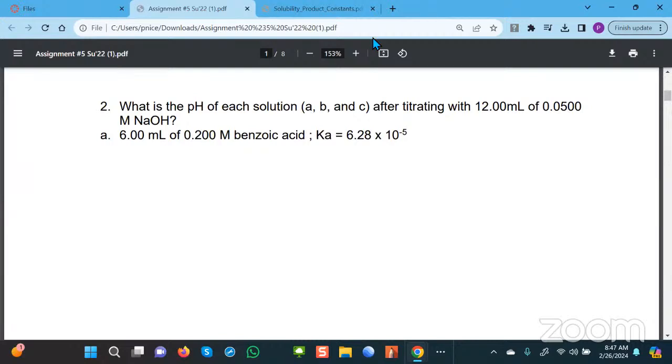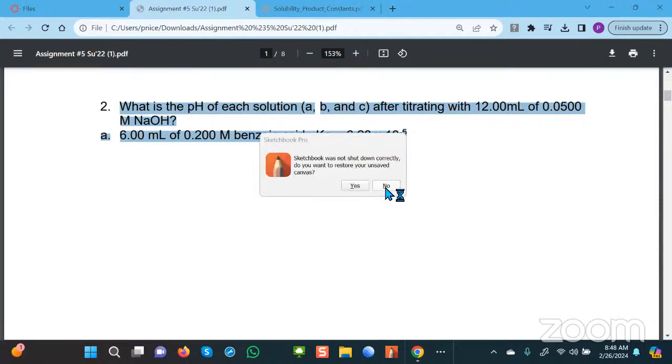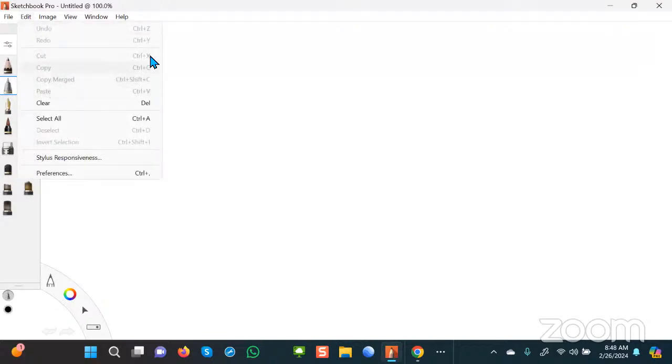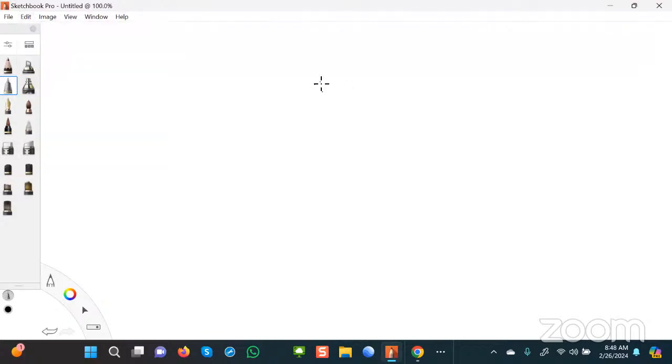Okay, so let me, you know what? Let me see if I can copy this here and paste it onto. Okay, let's see here. Oh gosh, I can't paste it onto this.